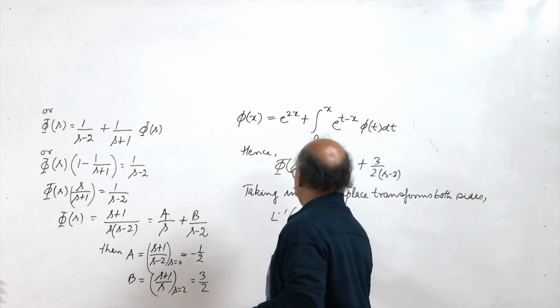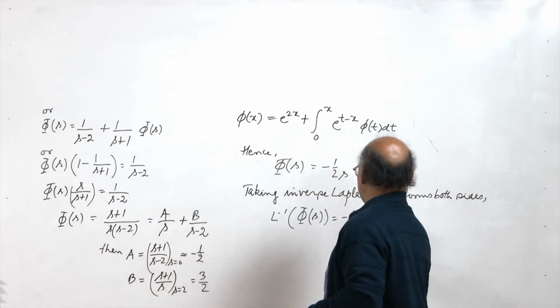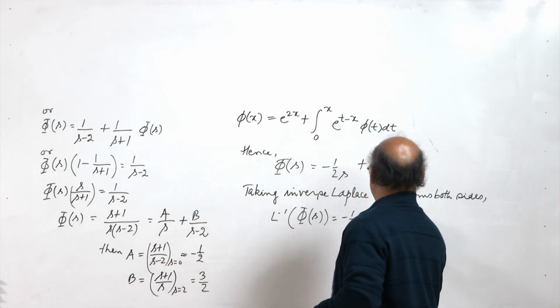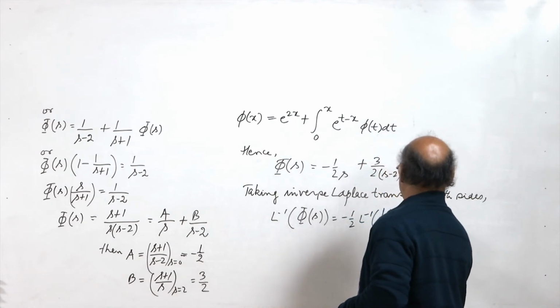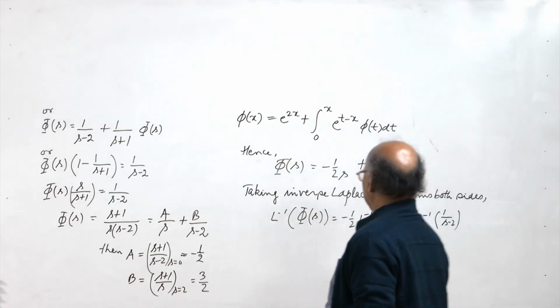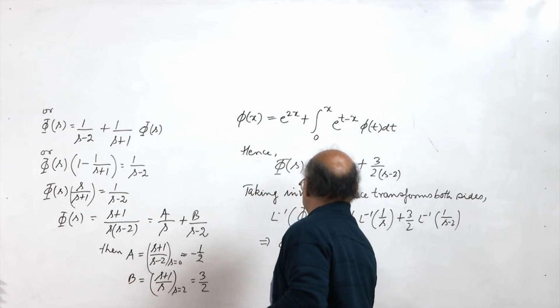L inverse of phi s equals minus half L inverse of 1 by s plus 3 by 2 L inverse of 1 over s minus 2, which gives us the solution of the given integral equation.